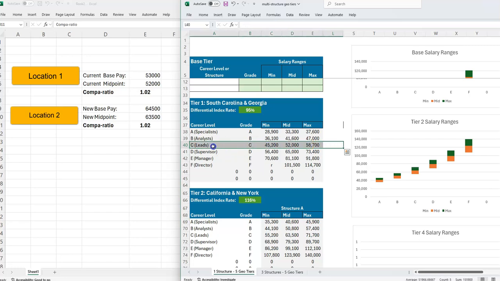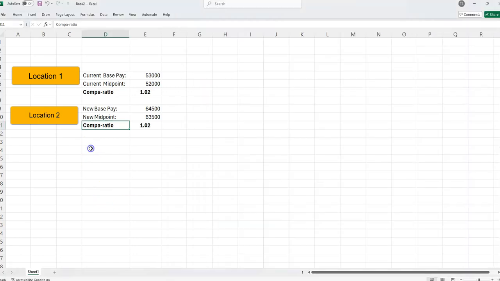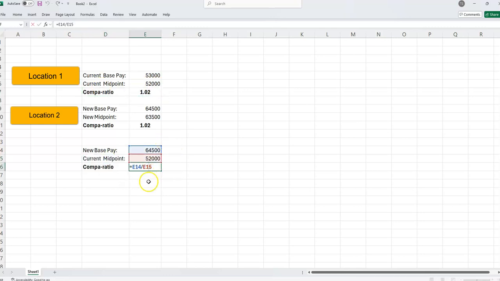So, as a company, you want to be consistent in how you apply these changes. Would you decrease pay to keep that compa-ratio the same when they move to another location? So, say that this new base pay is 64,000 and then they move back to the old location with the 52,000.